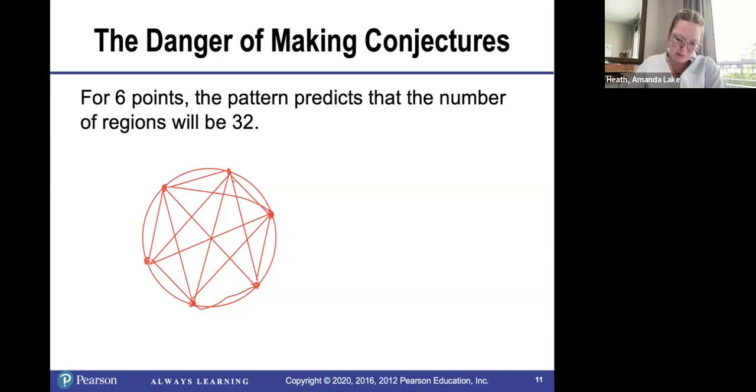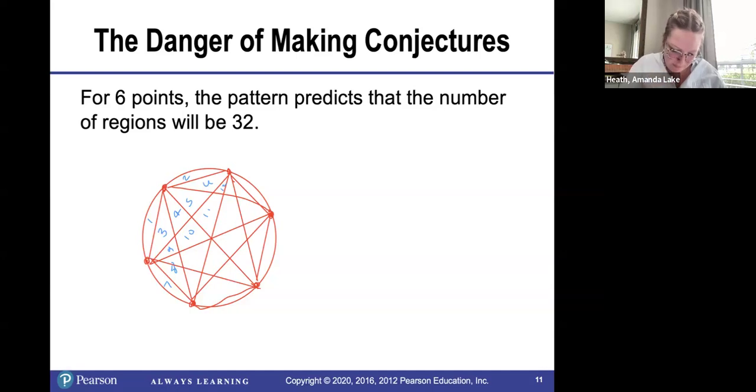All right, so if you trust me that I have drawn all the regions, then we can start counting, right? 1, 2, 3, 4, 5, 6, 7, 8, 9, 10, 11, 12. Oh, wait, I'm missing a line. I'm missing this one. That's okay.